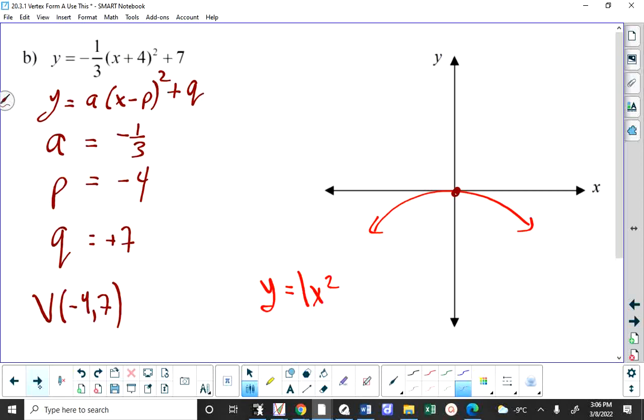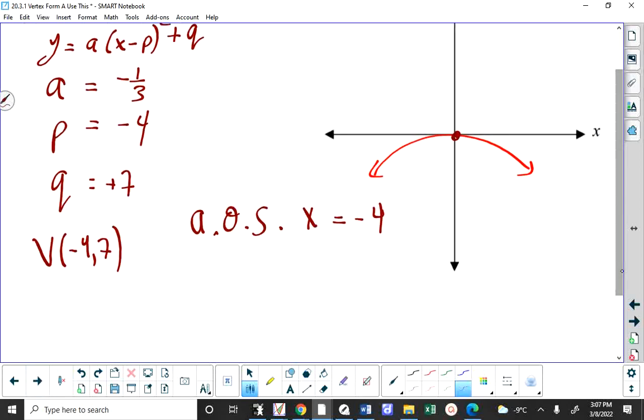Before I graph it, if I talk, for example, about the axis of symmetry, don't abbreviate this on an exam, but the axis of symmetry is going to be at x equals -4 because the center of that parabola will be at x equals -4. Before I sketch it, you should be able to figure out that the range is y is less than or equal to 7. Because it opens down, the y coordinate of the vertex is the biggest value of y, and then it bottoms out on both sides.